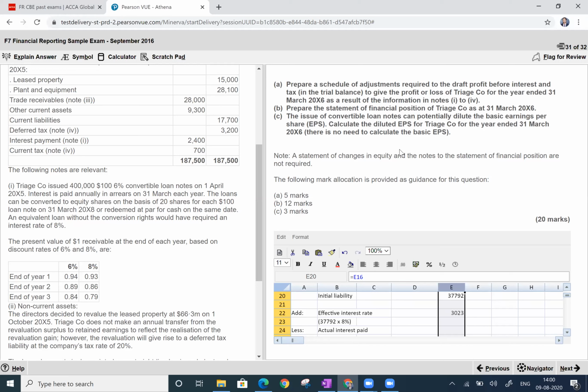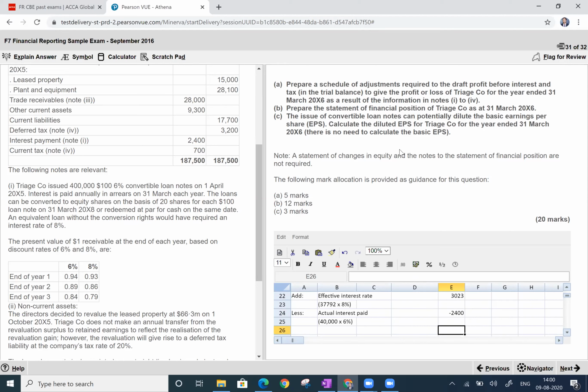If this has been issued during the mid of the year, then you'll have to multiply by 6 by 12 or 3 by 12, that time proportion. Actual interest paid should be based on nominal value, that is 40,000. It is 400,000 into 100 divided by 1,000 into the actual interest rate paid. So this is equal to minus 40,000 multiplied by 6%.